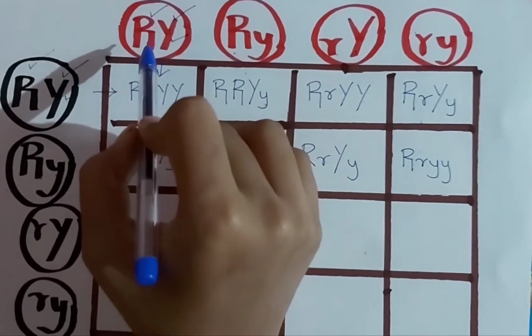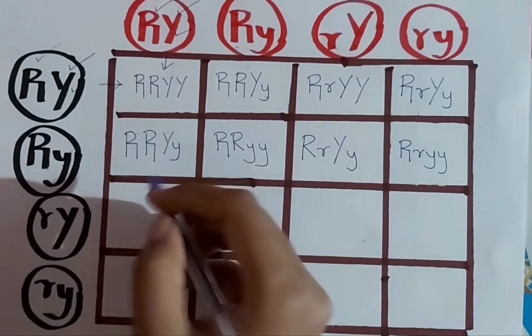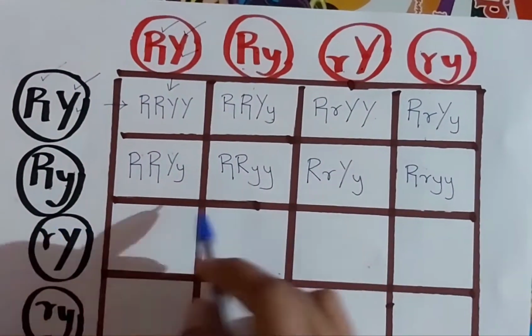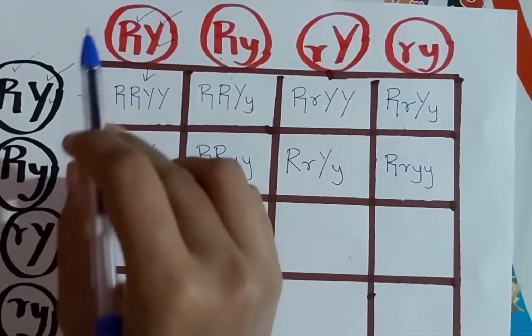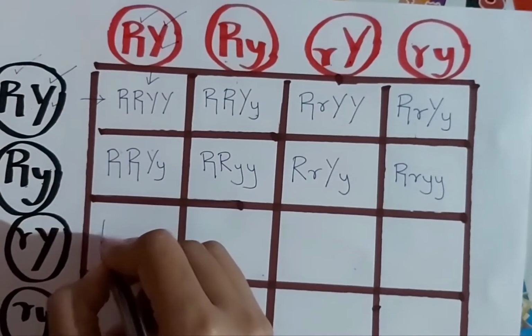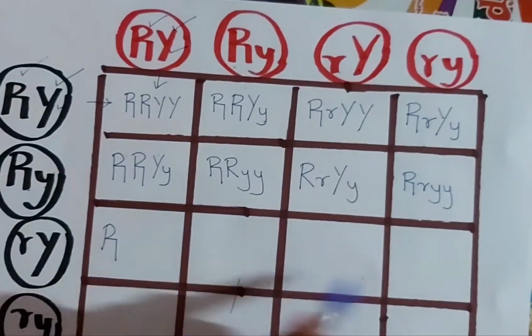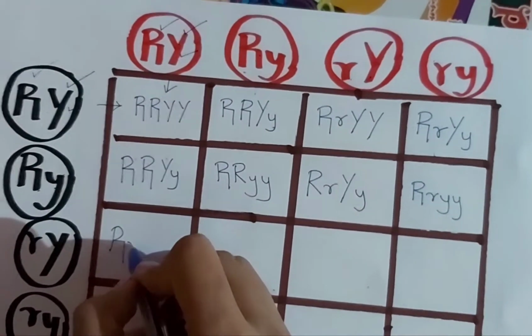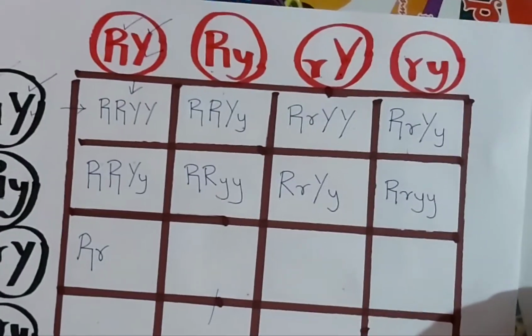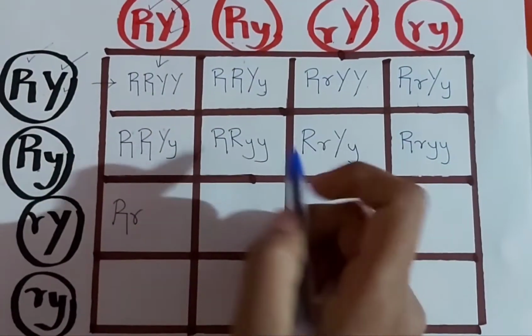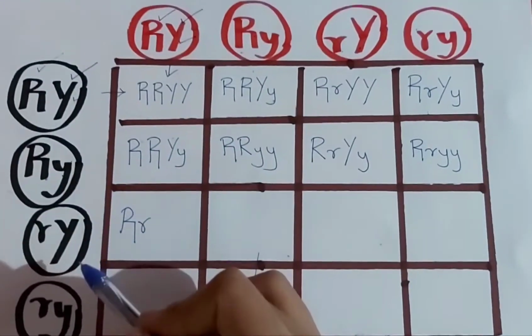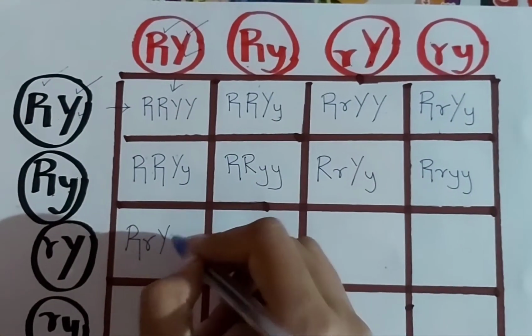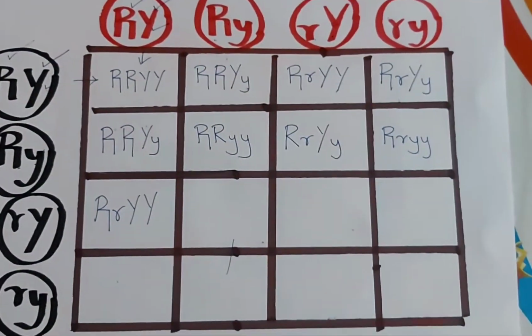Next, capital R and small r, this row and this column. In this row it is capital R and in this column it is small r. So first you should write capital R and then small r. Then capital Y and capital Y.